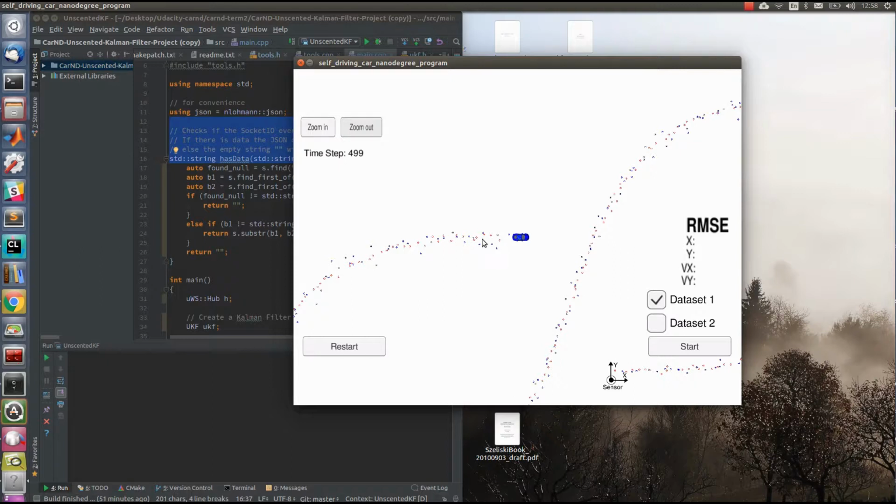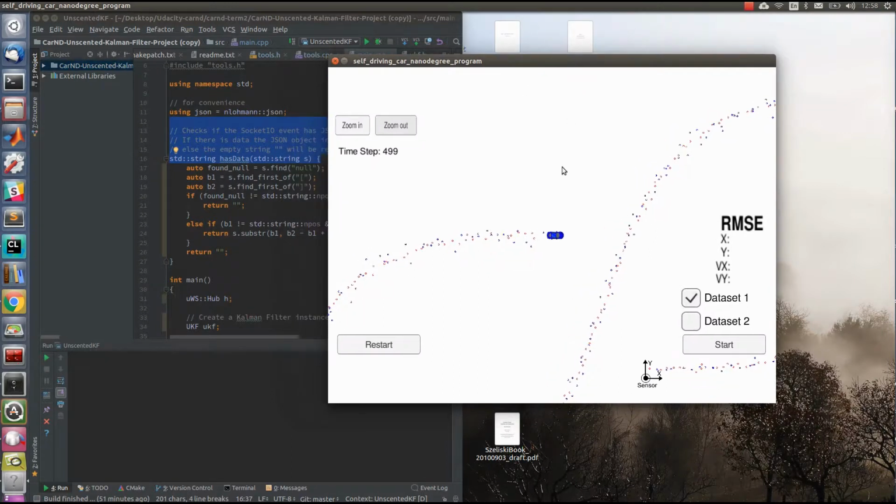As we see, these measurements are noisy and we need to fuse both of these measurements in order to get a good estimate. We will use the unscented Kalman filter, first because this is nonlinear dynamics.